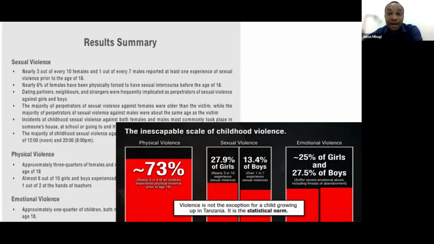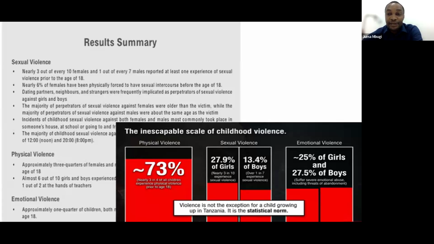But our topic today is based mainly on physical violence. Sexual and emotional violence is another topic which we are not covering today. So we are covering only physical violence, specifically non-accidental injuries.